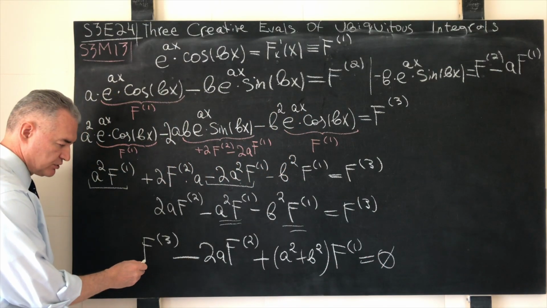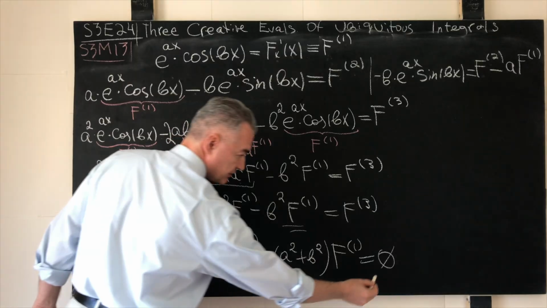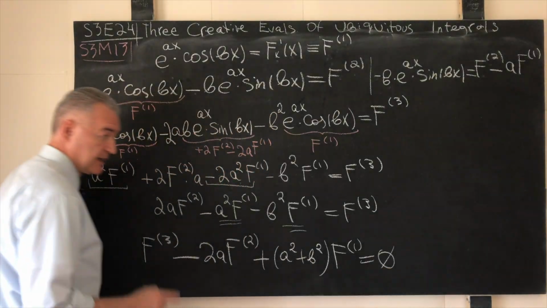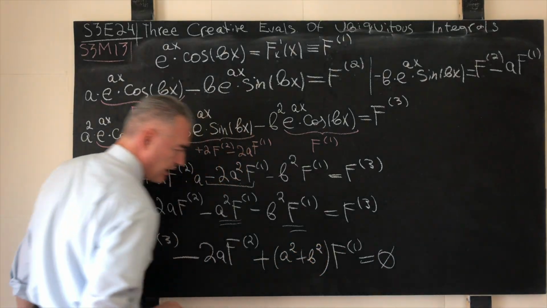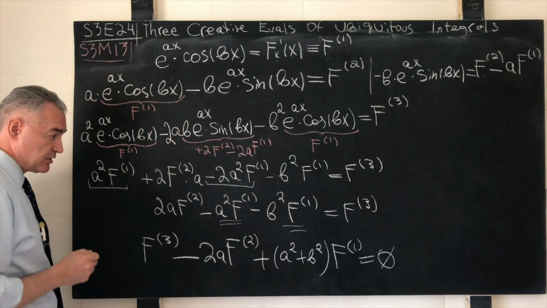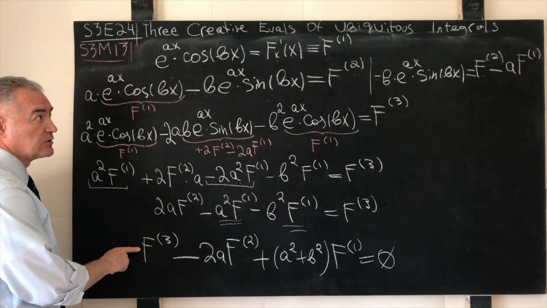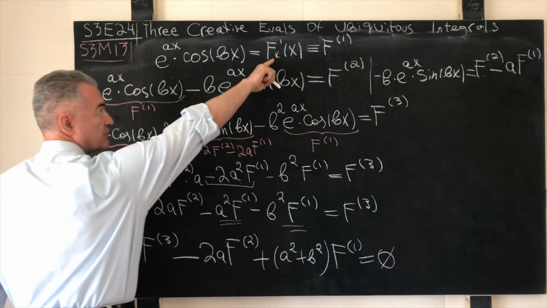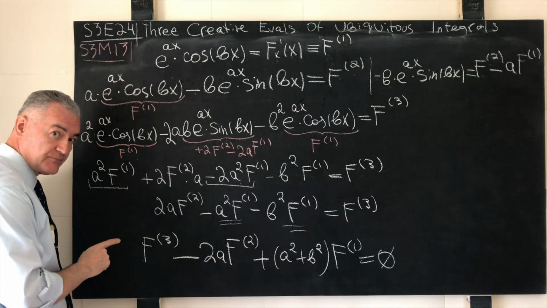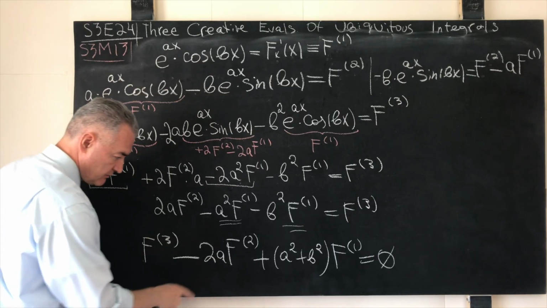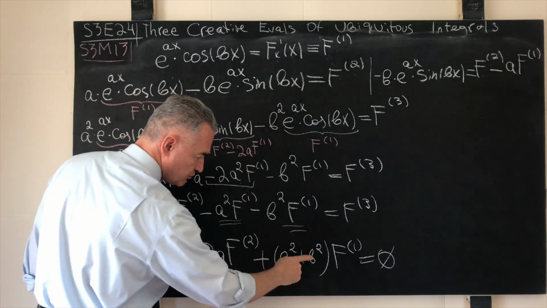So this is what's called homogeneous, because the right-hand side is equal to 0. Linear, because all the derivatives are in the first power. Ordinary, because the differentials are full or complete, dx. There are no partial derivatives in the equation. With constant real coefficients 1, negative 2a, a squared plus b squared.